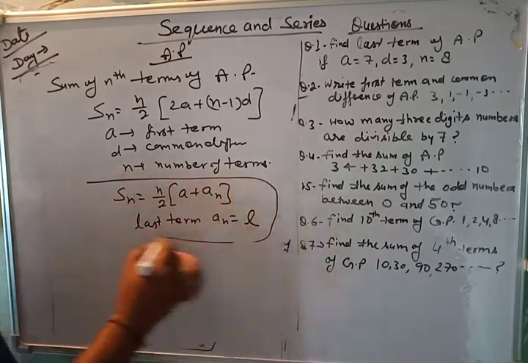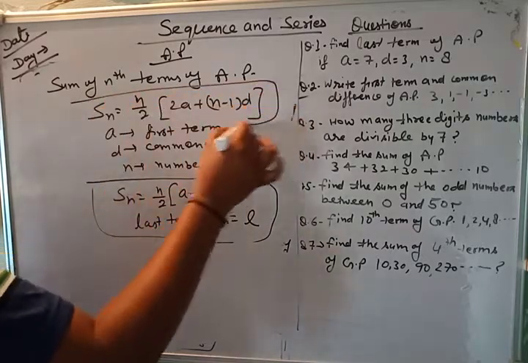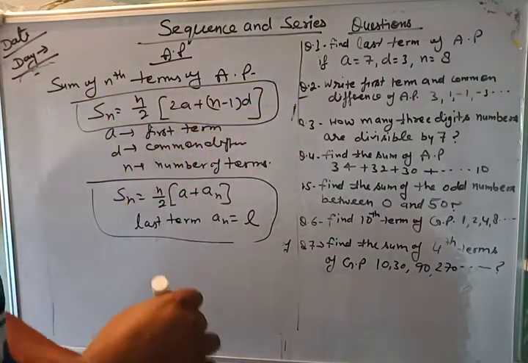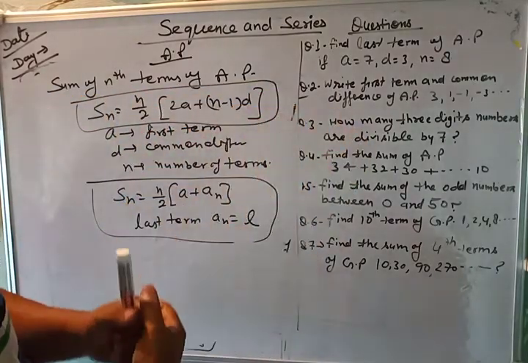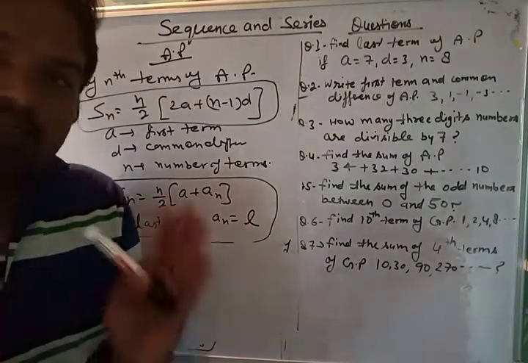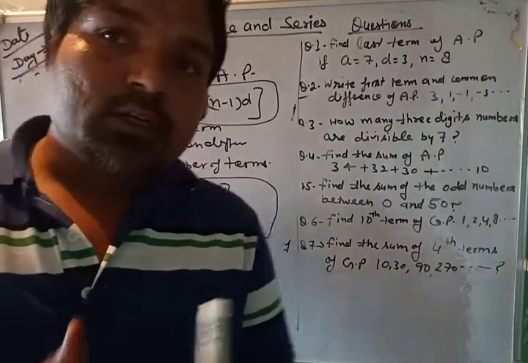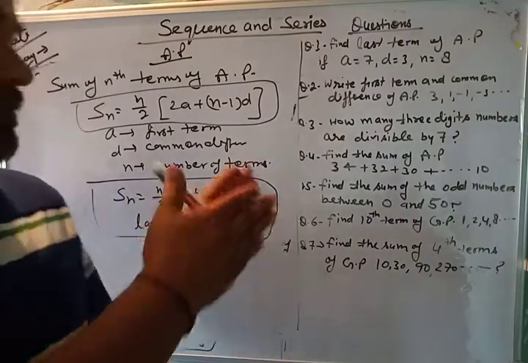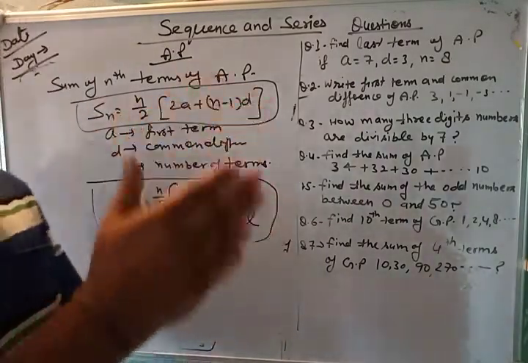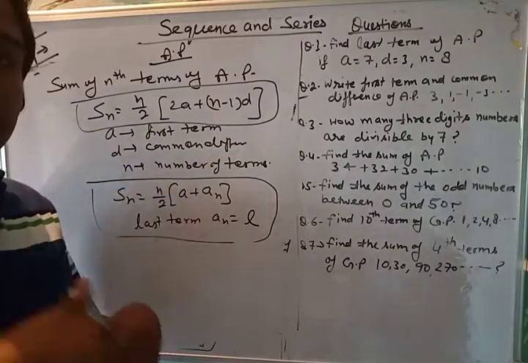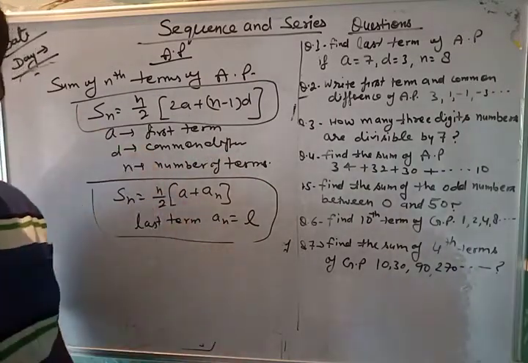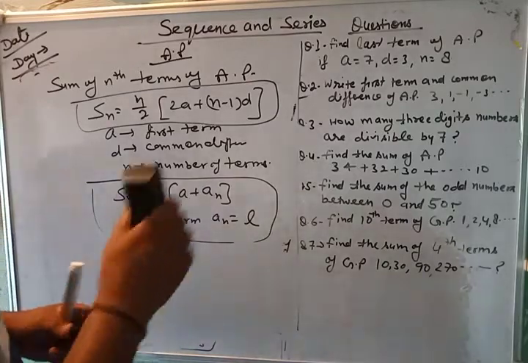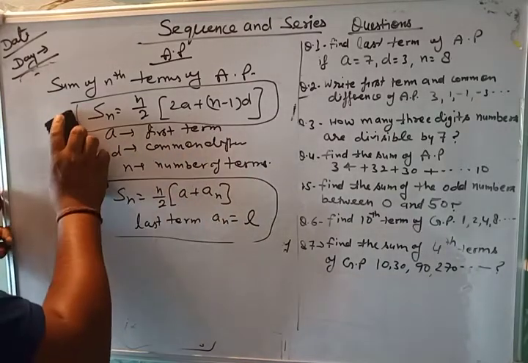So two formulas we will use to find the sum of an AP series. Clear? So before, you have understood about the nth term, how to find the nth term, first term and common difference. Now the sum of the nth terms.